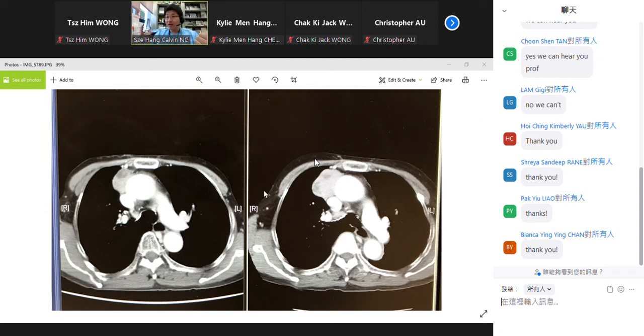If you have a significant amount of blood or air in the chest on a chest x-ray, or you suspect the patient has a lot of blood and air in the pleura, you haven't got a chest x-ray yet but the patient is desaturated and you don't hear any air entry on one side, the trachea is deviated, or you have hypotension and no breath sounds and it's dull to percuss, and you think there's a lot of blood inside, then in those circumstances you would put in a chest drain.